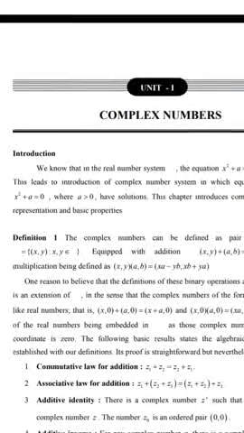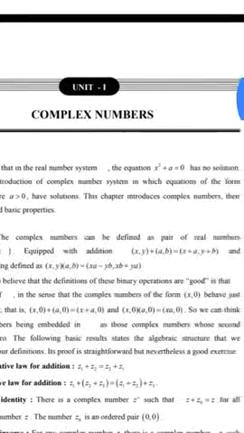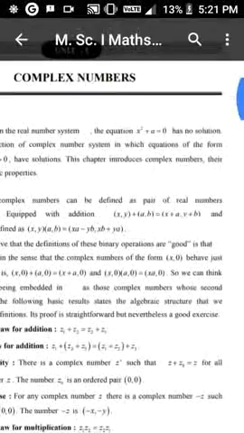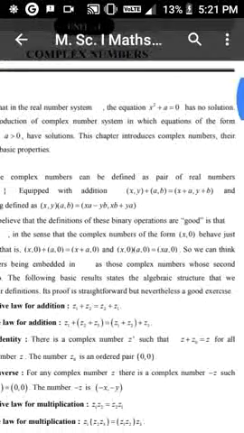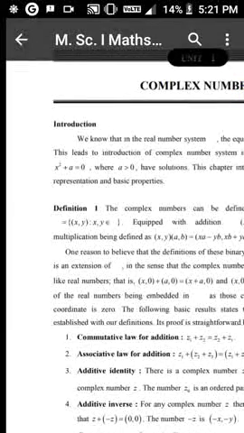Complex numbers arise because the square root of a negative number does not exist in the real number system. We know that the equation x square plus a is equal to 0 has no solution.